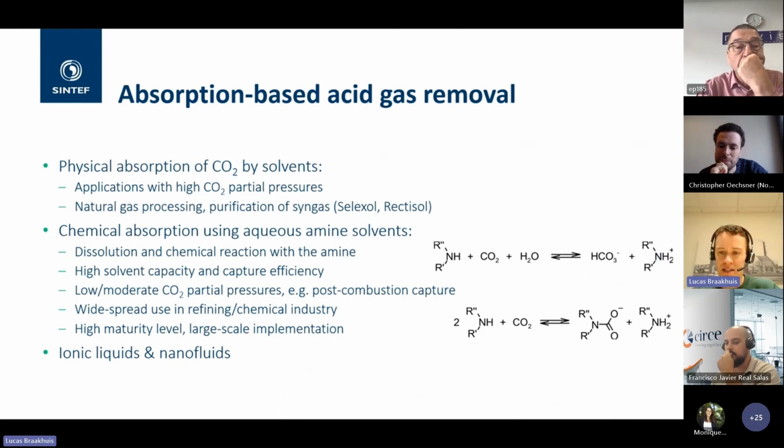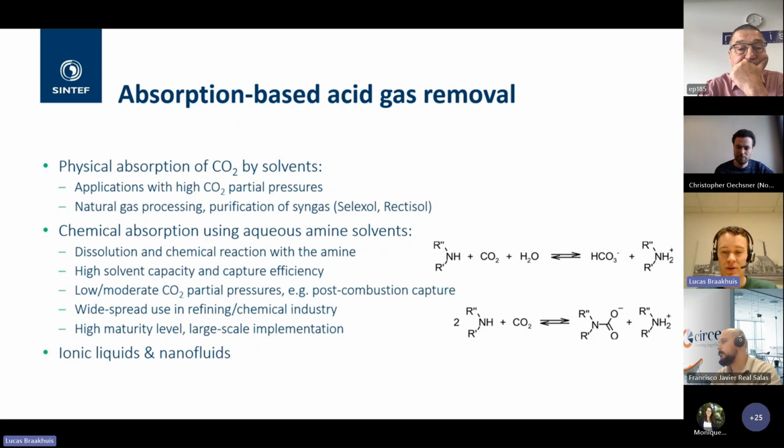And in the second reaction, the CO2 is dissolved into the solvent, and the carbonate that is formed reacts with the amine to form a carbamate. And these are the 2 ways that the CO2 is stored in the solvent. And by forming this chemical bond with the amine, the capacity of the solvent is increased significantly.